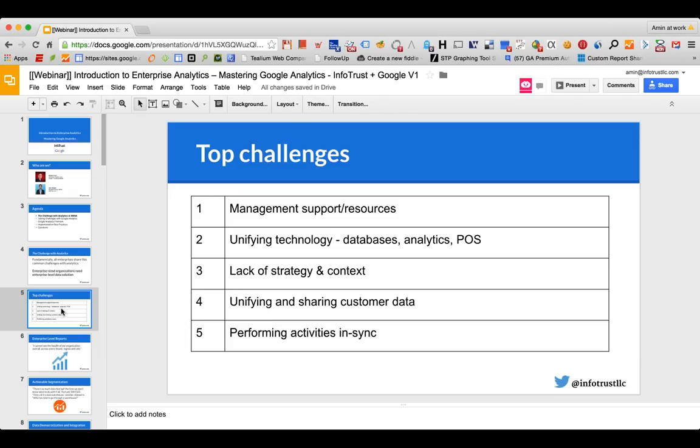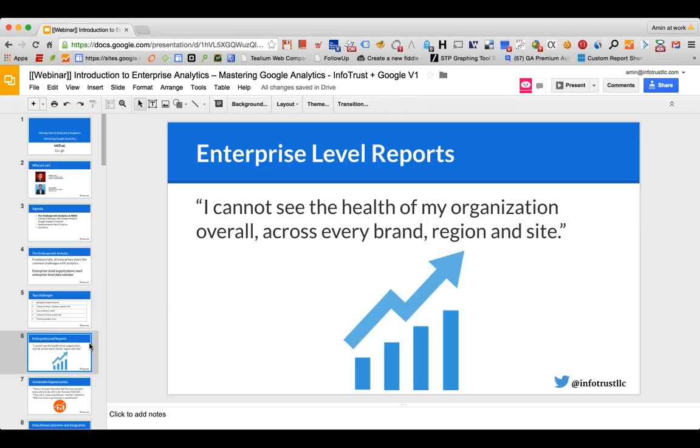Unifying and sharing customer data, for example: 82% of marketers fail to see a single view of the customer today, even though it's one of their top priorities. And 60% of marketers struggle with real-time personalization of content. So performing activities in sync is also a major challenge here in the market.